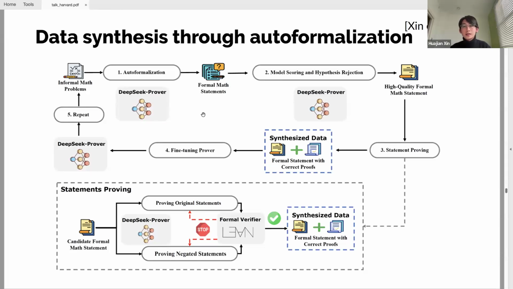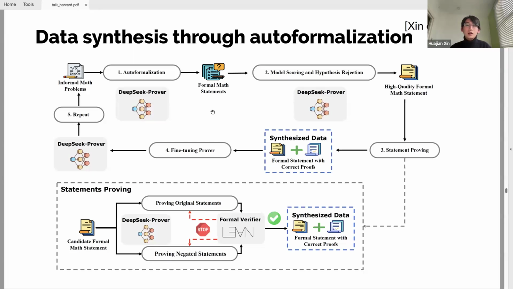This process is complex, as the language model can produce inaccurate translations of informal problems into statements, or even cause inconsistent hypotheses.